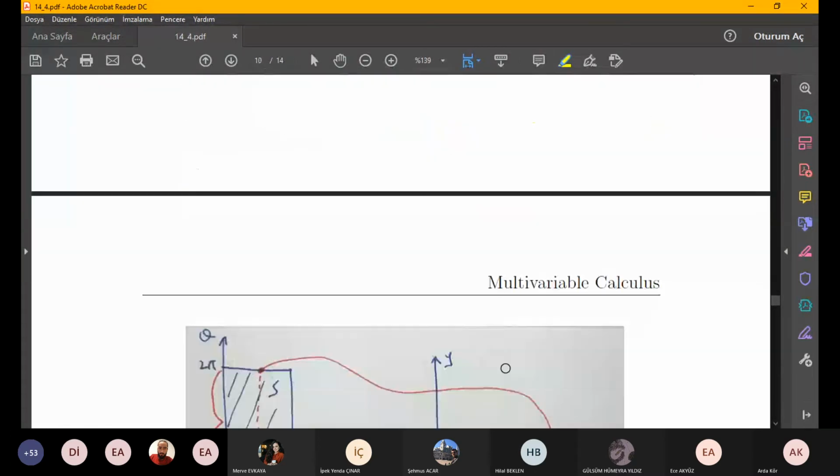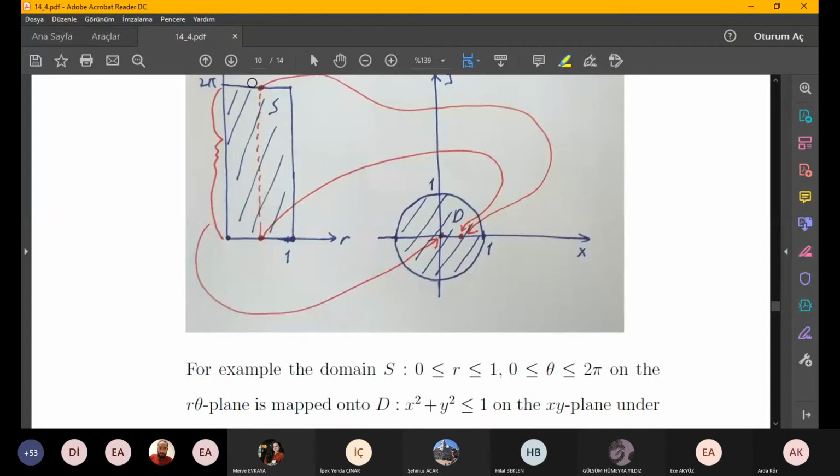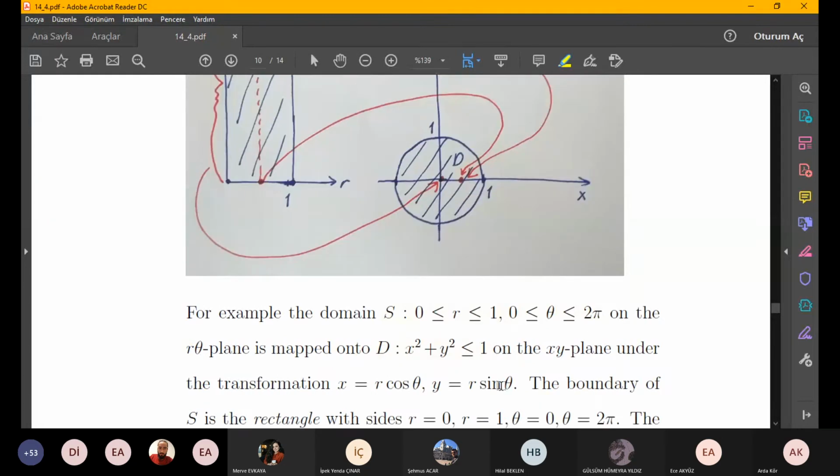for example, here you have a specified domain S, which is that shaded region. r is between 0 and 1, and theta is between 0 and 2 pi on the r-theta plane, of course, and we will map this onto D, which is the unit disk here on the xy plane under the polar coordinates transformation.